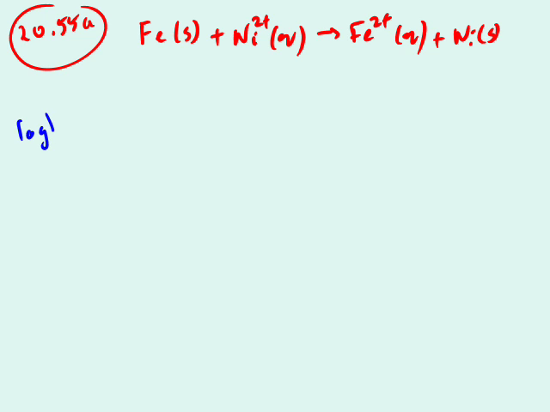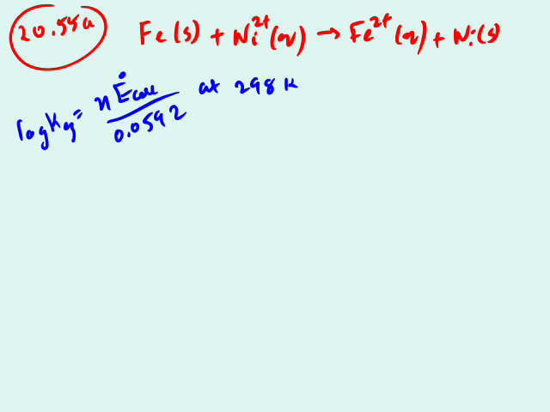So log of K equilibrium is given by n E0 cell divided by 0.0592. Make sure you know this equation is valid only at 298 Kelvin. And indeed, in these reactions, temperature is maintained at 298 Kelvin.